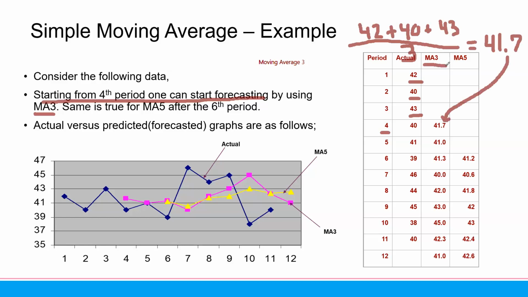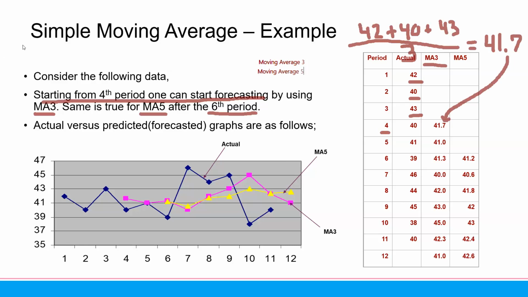Because this is the MA3. What about period 6? If we have MA5, it means we have the moving average for 5 periods.